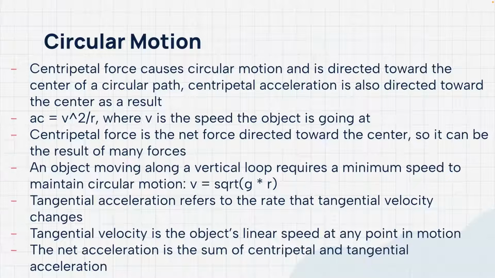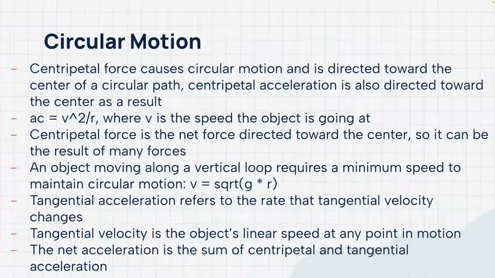An object moving in a vertical loop requires a minimum speed to maintain circular motion, and that minimum speed is v equals the square root of g times r. If it does not maintain this minimum speed, then it will not be able to move in a circle. And tangential acceleration just refers to the rate that tangential velocity changes.